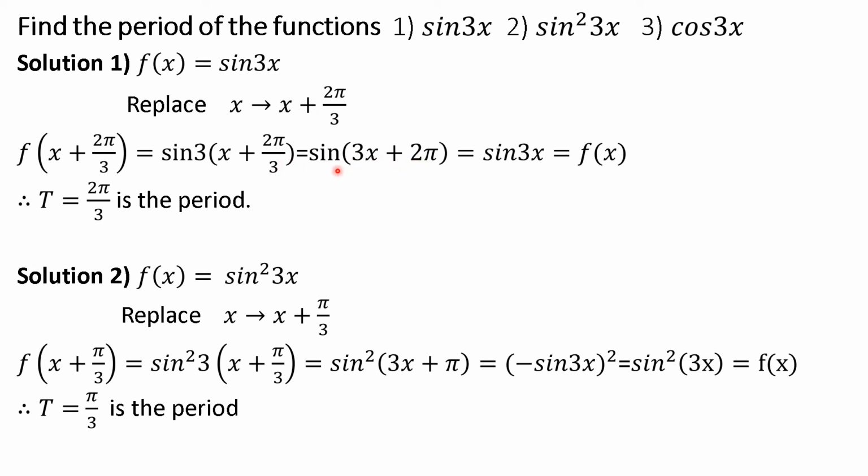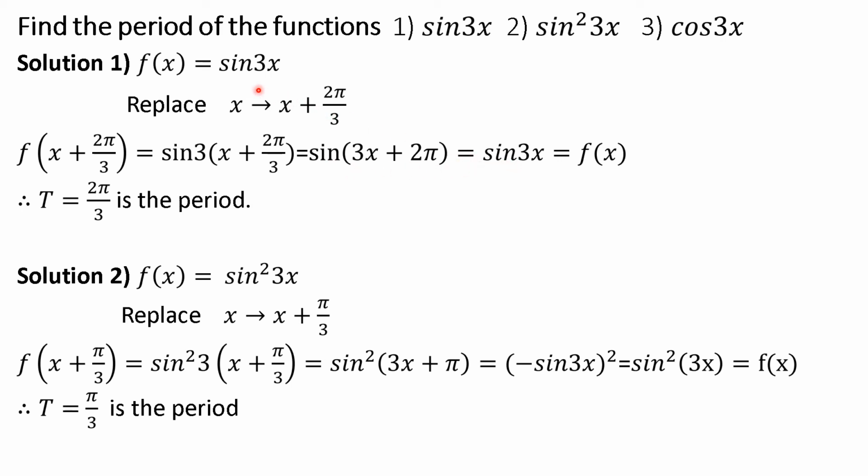Sin of 3x plus 2 pi, that means sin of 2 pi plus theta, which is in the first quadrant. In the first quadrant all trigonometric functions are positive according to the ASTC rule, and since it is 2 pi, the trigonometric function remains the same, therefore sine, and it is positive, therefore this is sin 3x.